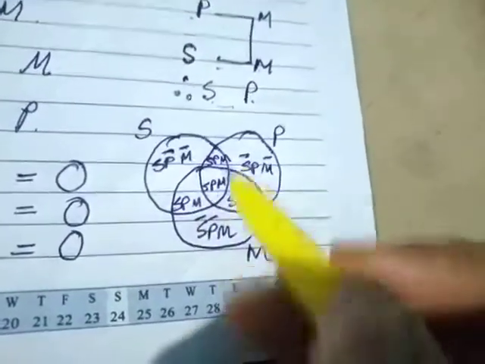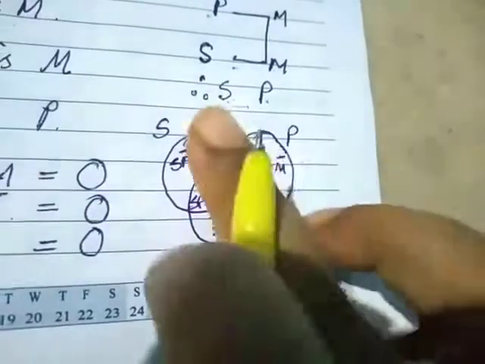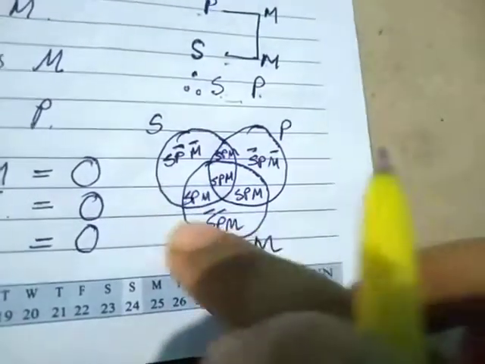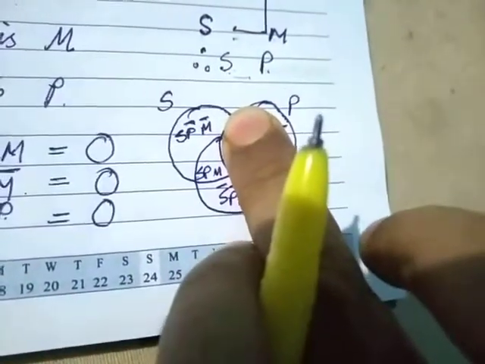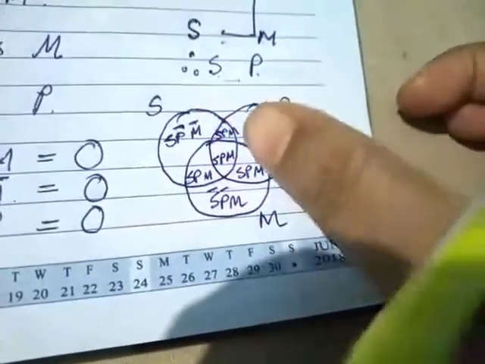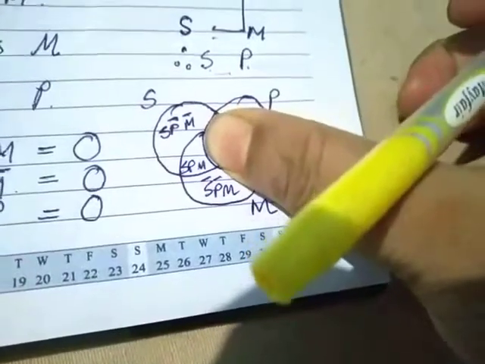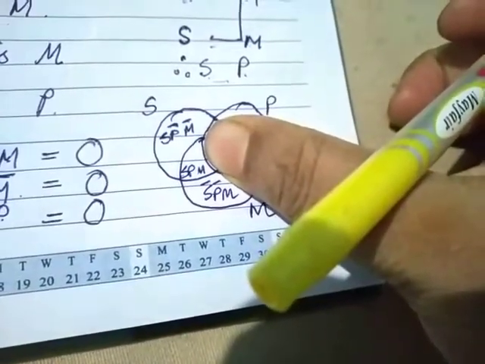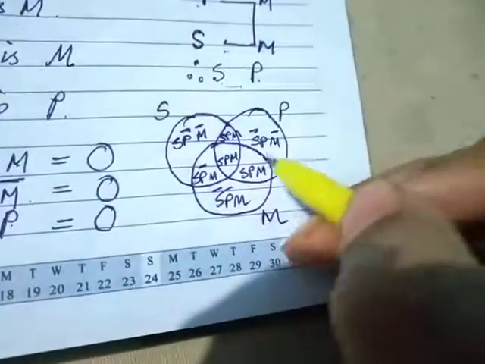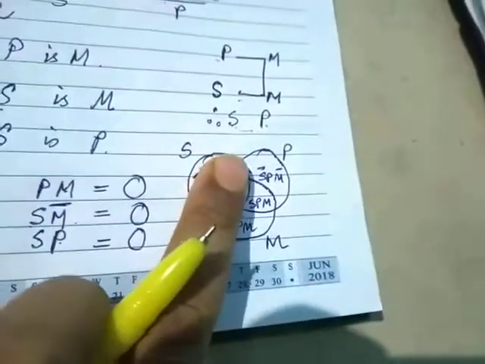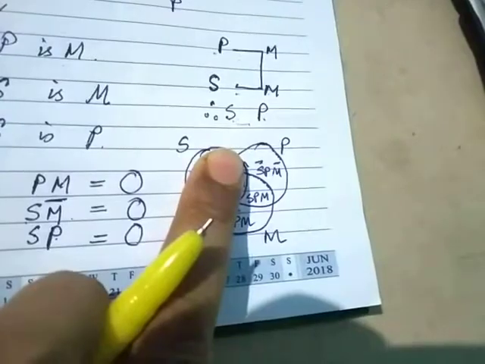And in these 4 sections you see M is there, P is there, S is there, but P is not there. You can see M is there, S is there, but P is not there. Okay, so I will write P bar. In this section P and M is there, but S is not there.